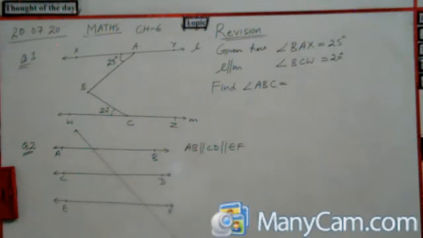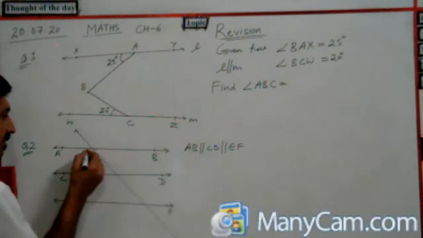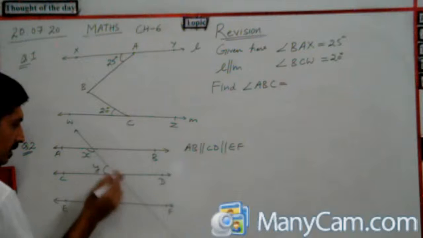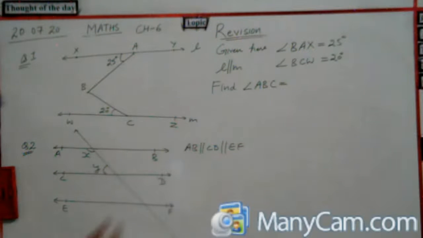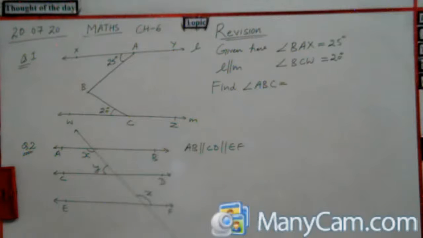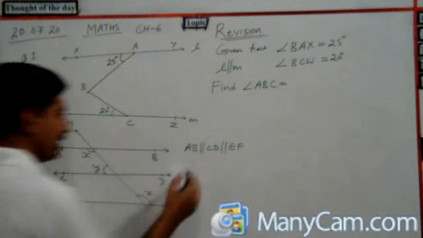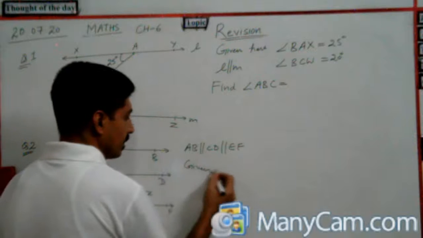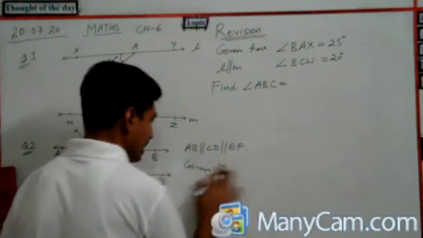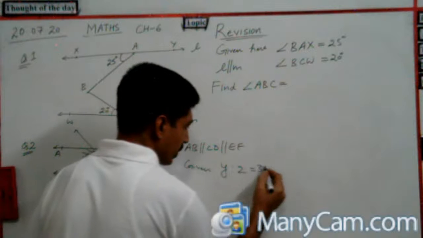All these lines are parallel to each other, and we have given angles X, Y, and Z. This angle is angle X, this angle is Y, and the third angle is Z. Given that Y ratio Z is 3:7.